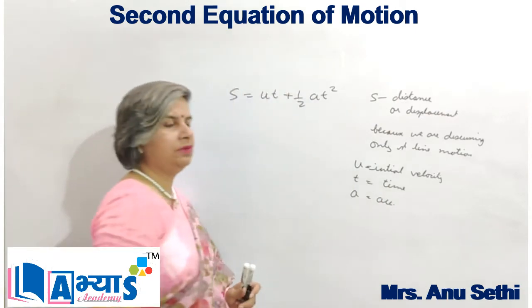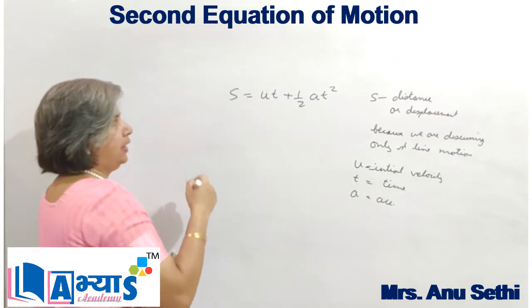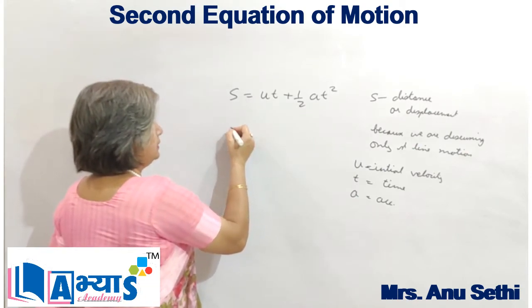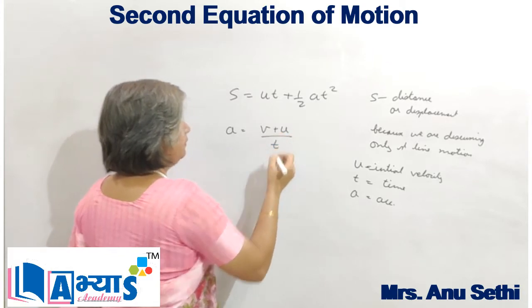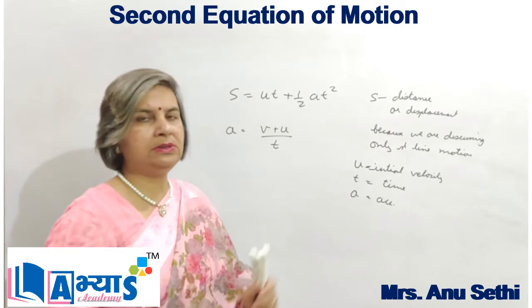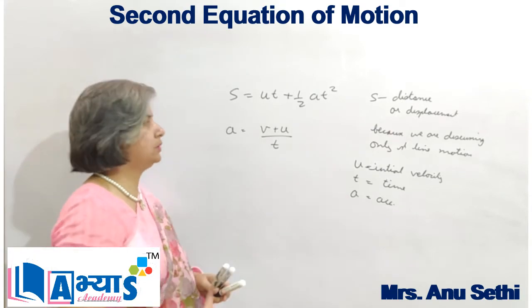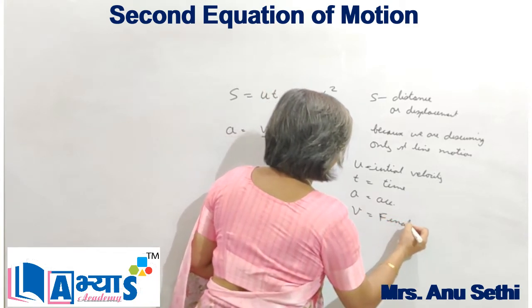Now let us derive the second equation of motion. We know that the average velocity is defined as v plus u upon t, or the average velocity is the sum of initial plus final velocity upon time, where v is the final velocity.